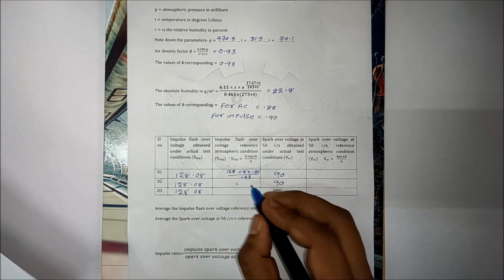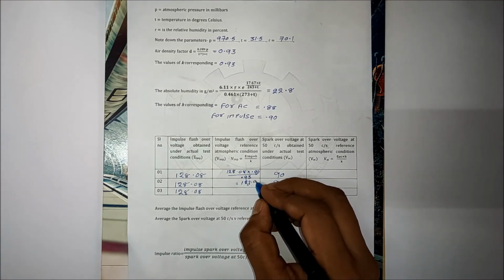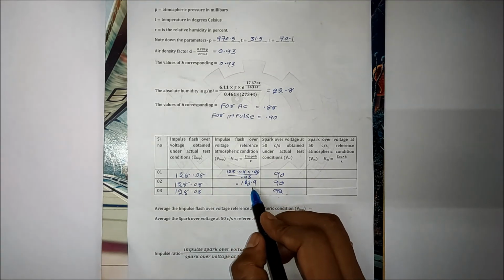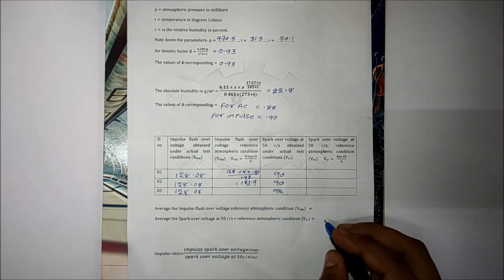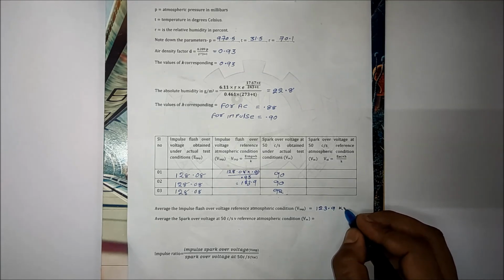This is how much? This is 123.9. Already the three values are the same, so this is the average value also: 123.9 kV for impulse.